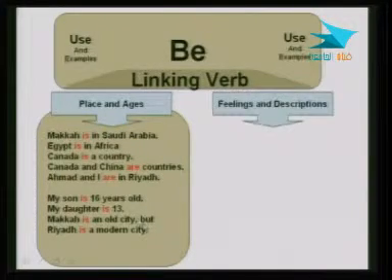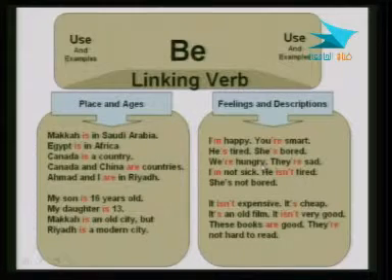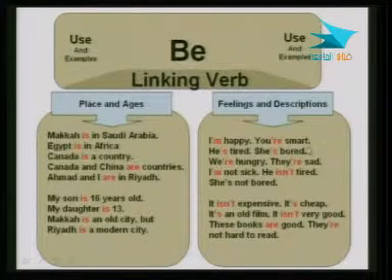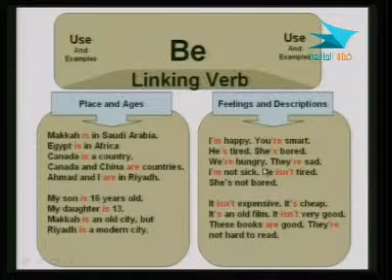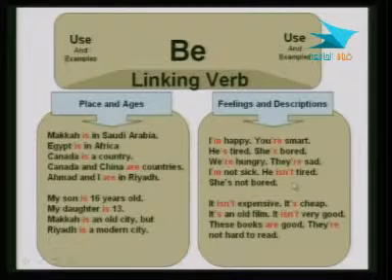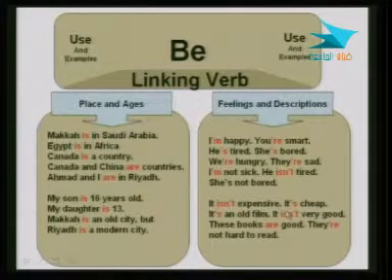Okay? We also use the verb be to talk about feelings and descriptions. Examples. I am happy. You're smart. He's tired. She's bored. We're hungry. They're sad. I'm not sick. He isn't tired. She's not bored. It isn't expensive. It's cheap.